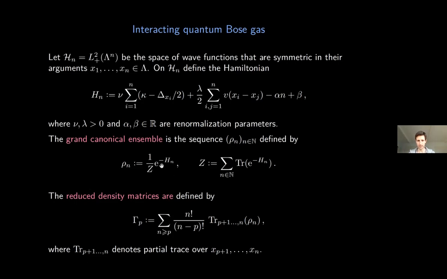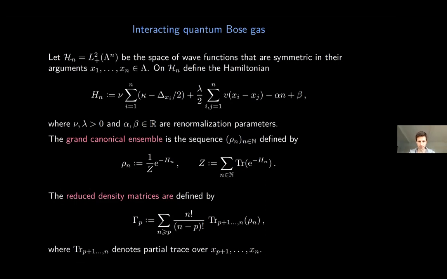the ensemble in the nth particle sector is just given by the following object. And I define the reduced density matrices, which, if you know these creation and annihilation operators, they will just be the expectation of a*(x1) up to a*(xp), and a(x̃1) up to a(x̃p).